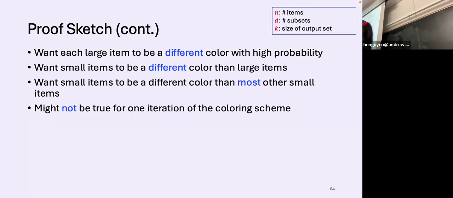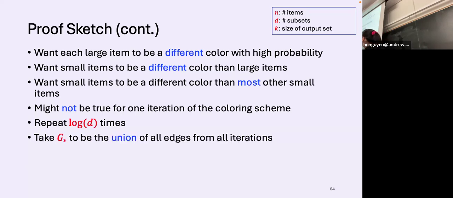And this might not be true for one iteration of my coloring scheme, right? If I color all my vertices and then I pick the D over K arbitrary things, all these statements are not necessarily going to be true with more than constant probability. So all I'm going to do is repeat the whole coloring scheme log D times, and I'm going to take G star to be the union of all the edges from all my iterations.